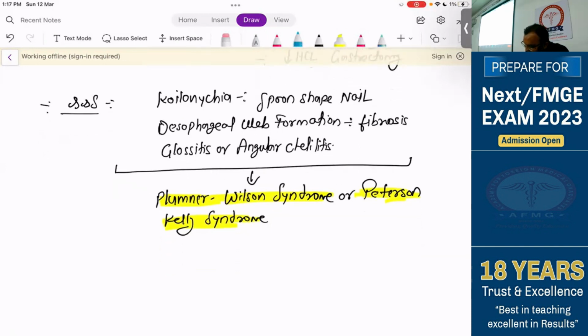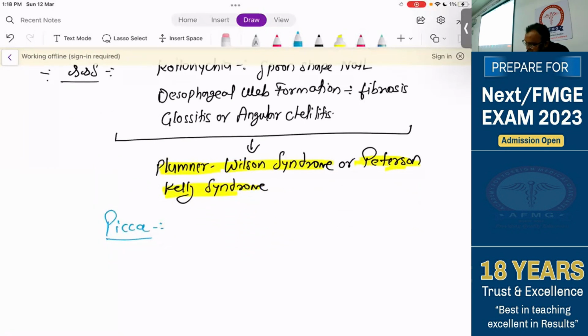Then comes pica. That is also one of the findings of iron deficient anemia, specifically in children. What is this? A child who eats mud, can eat ice cubes, eating non-edible, non-nutritious substances.